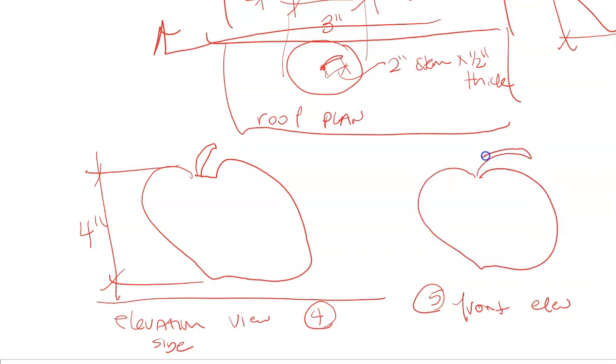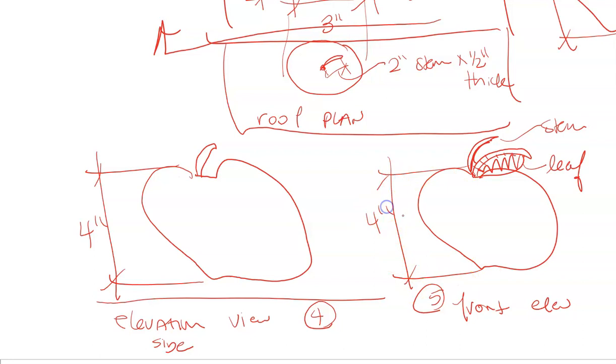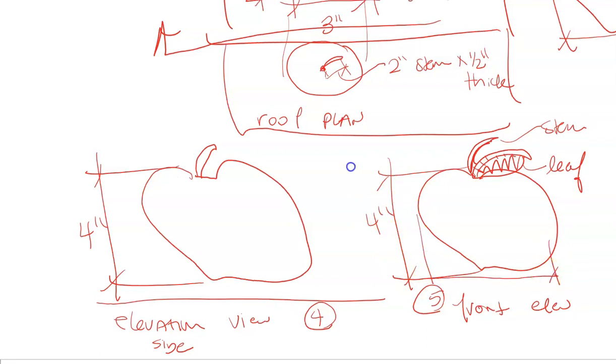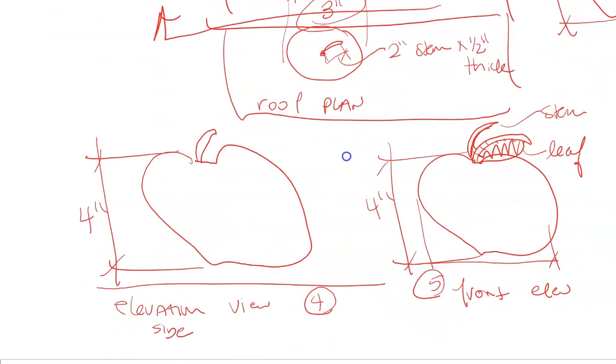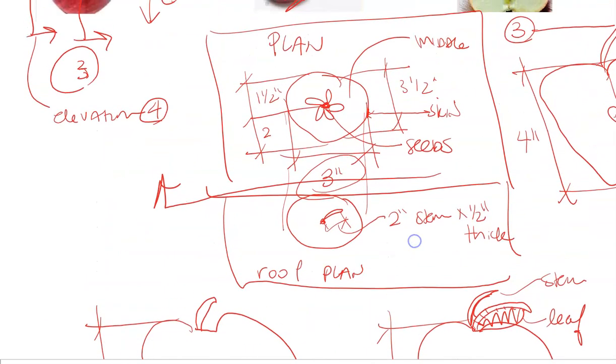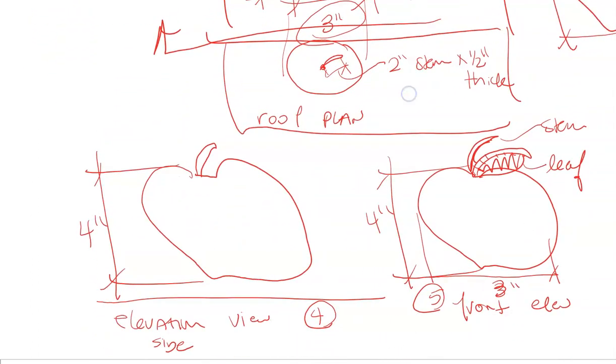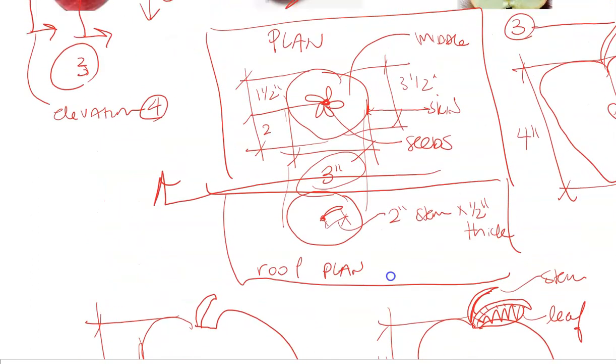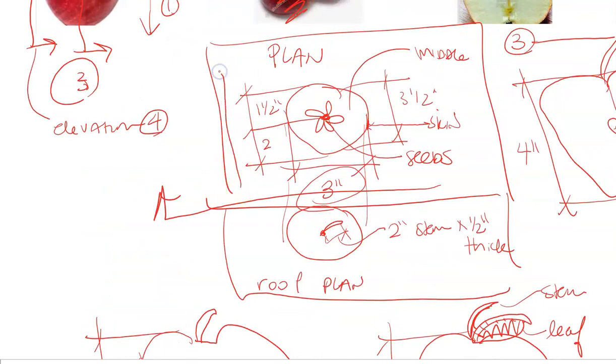And so here I can say, okay, this is that leaf, and this is the stem, or maybe the stem is here. This is the leaf. And so there's the leaf, there's the stem. Here it is 4 inches tall, and maybe in this view, let's see, it's 3 inches wide.